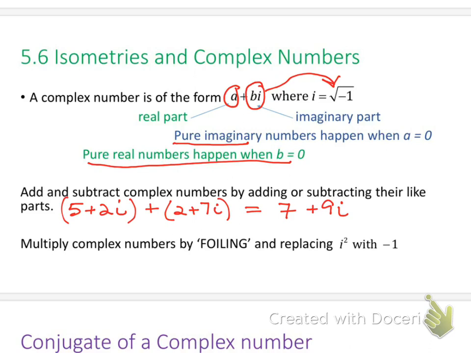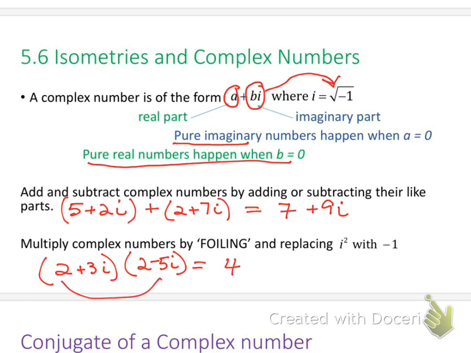Okay, when you multiply complex numbers, you FOIL them, and you never leave an i squared in your answer. So, for example, if I have 2 plus 3i times 2 minus 5i. Foiling it, okay? The first is 2 times 2, that's 4.